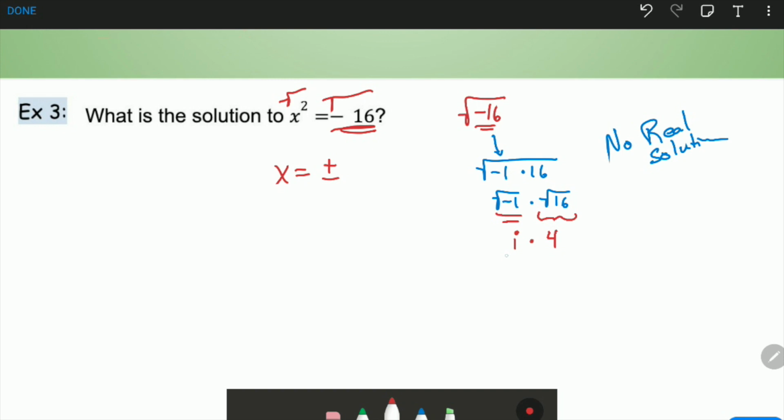So we end up with i times 4, or more commonly represented as 4i. So the answer to this equation, as far as Algebra 2 goes, solved over the complex numbers, is x equals plus or minus 4i. And again, you can write it as positive 4i and negative 4i as an alternative way.